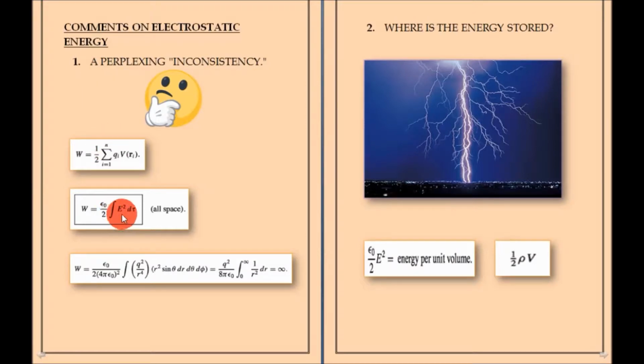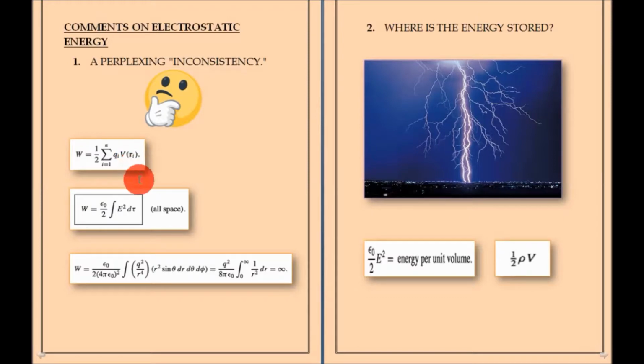Now, according to this formula, the energy of a stationary charge distribution will always be positive because its integrand is always positive. On the other hand, the energy of a stationary charge distribution may be positive or negative. It is negative when we calculate the energy of two equal and opposite charges.